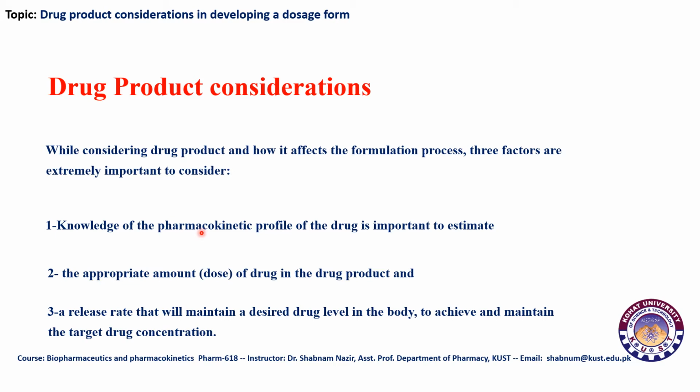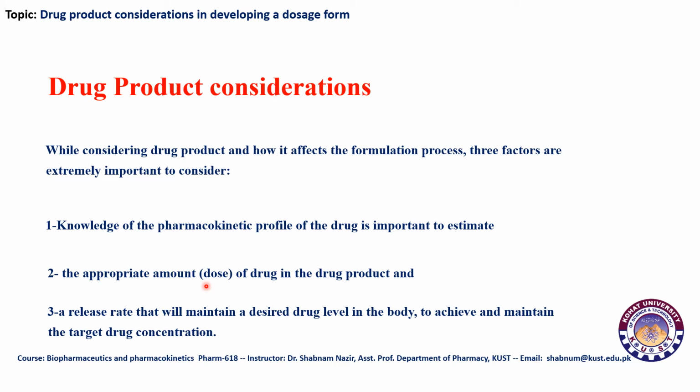So the pharmacokinetic profile is extremely important to know whenever drug product considerations are being taken into account, because this is the main factor that determines the appropriate amount, which in other words is declared as the dose that would be required for that specific drug product.